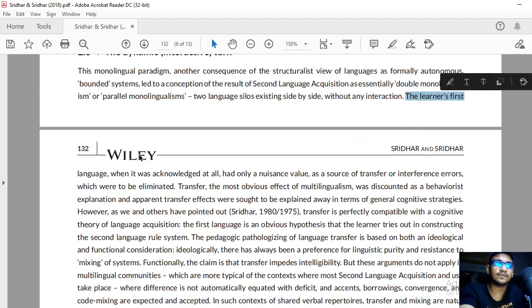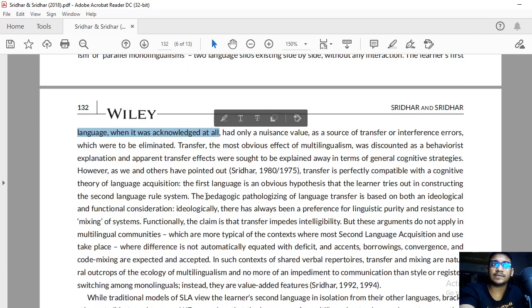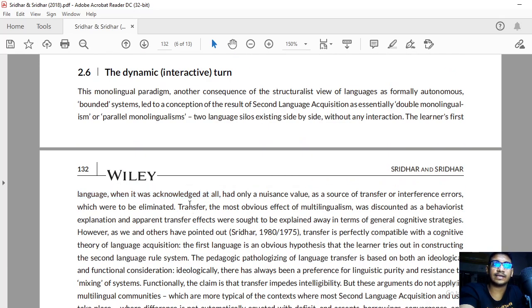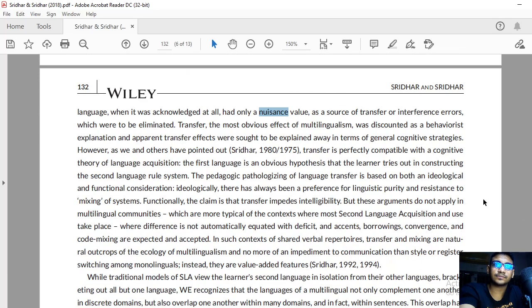The learner's first language, when it was acknowledged at all, say it's Bangla or Hindi, or Chinese, had only nuisance value, so it was considered a nuisance. It was only responsible for interference errors and other errors, as a source of transfer, like L1 transfer or interference errors, which were to be eliminated.